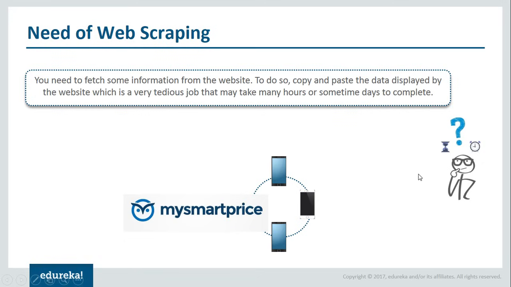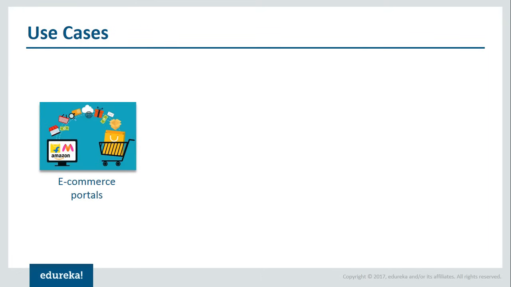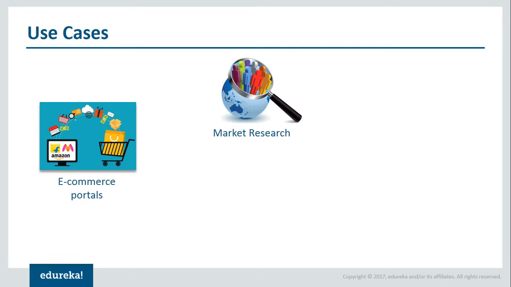Now apart from this, there are many use cases, or real life examples, where people do scraping. First is e-commerce portals. Here you can build your own website and then scrape products from retailer or manufacturer websites. So you can scrape prices, ratings, images, or any other specifications as well. Then you have market research.